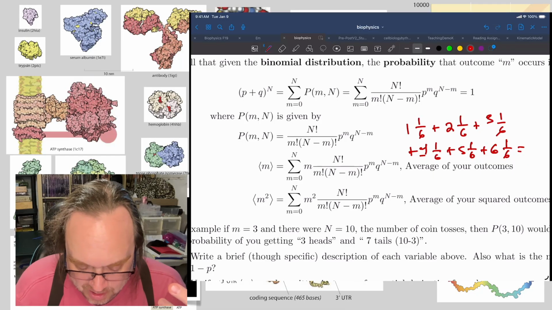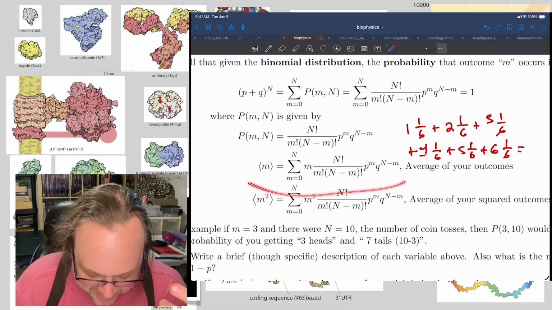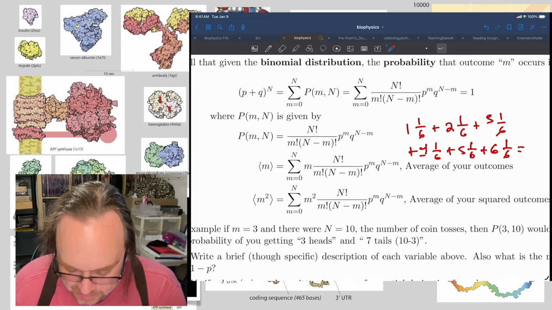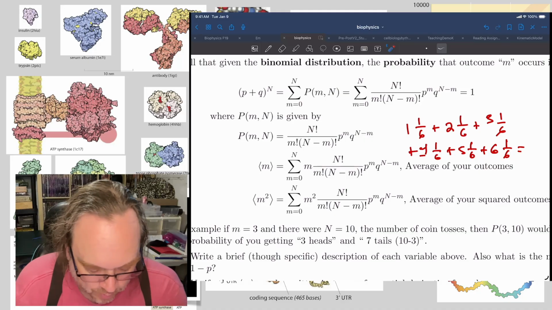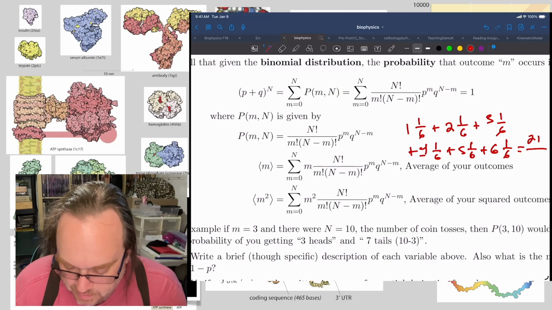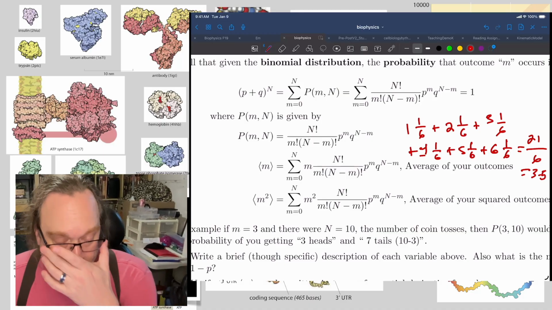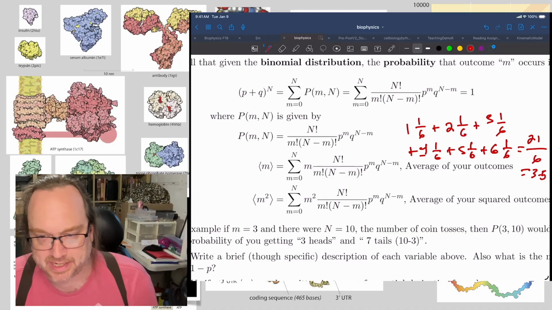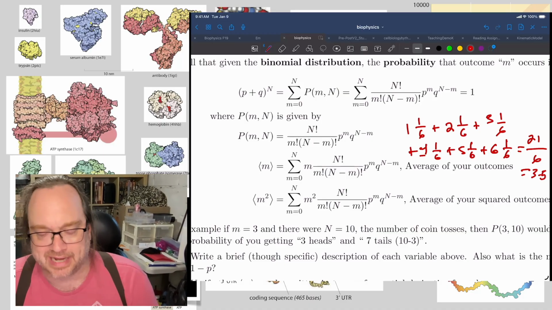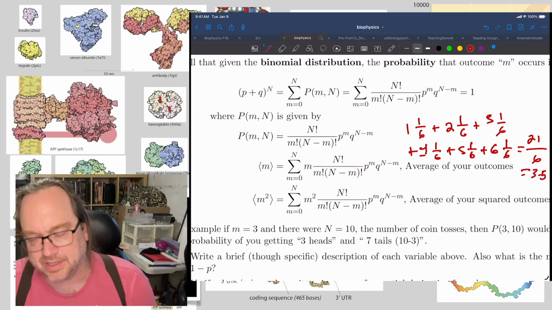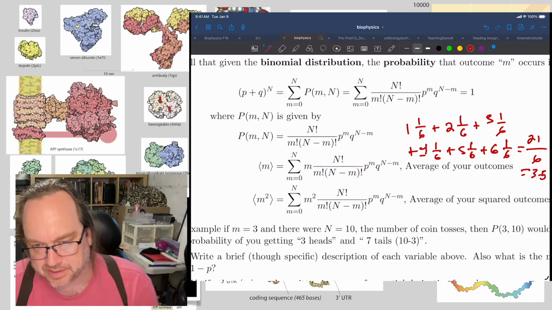If I add all of those up, I'm going to have the exact result that I have here. And this is going to be 21 over 6, which is 3.5, which is the average result anytime you roll a six-sided die, which could also be found by adding the lowest number to the highest number and dividing by 2. The lowest number you can roll is a 1, the highest number is a 6, add them up, you get 7, divide by 2, you get 3.5.